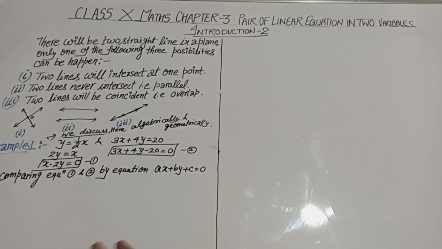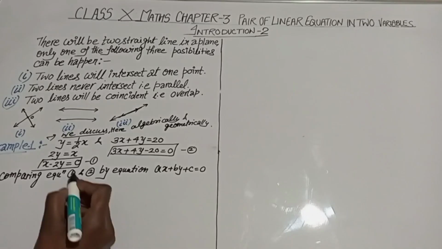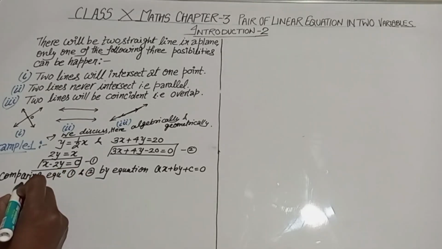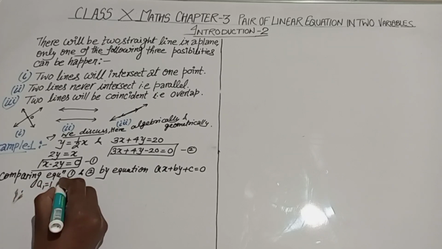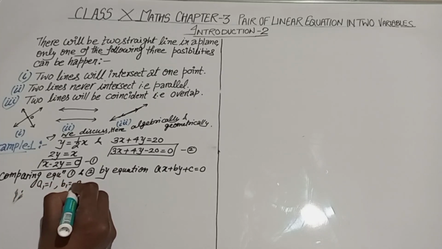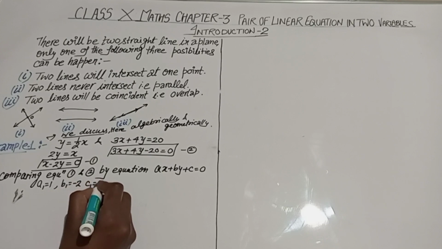When we compare with ax plus by plus c, for the first equation a1 is equal to 1, b1 is equal to -2, and c1 is equal to 0.